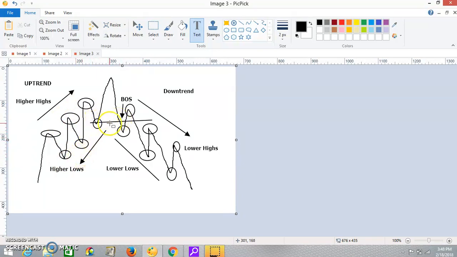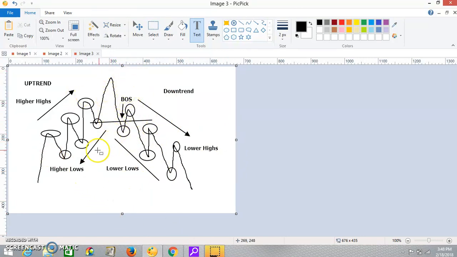Now, the support for the higher low has been broken, so it's forming lower lows. It starts forming lower lows, meaning that it's transitioning into a downtrend. So it creates lower lows, thus also creating lower highs. That's basically how you can tell that it transitions from an uptrend to a downtrend.